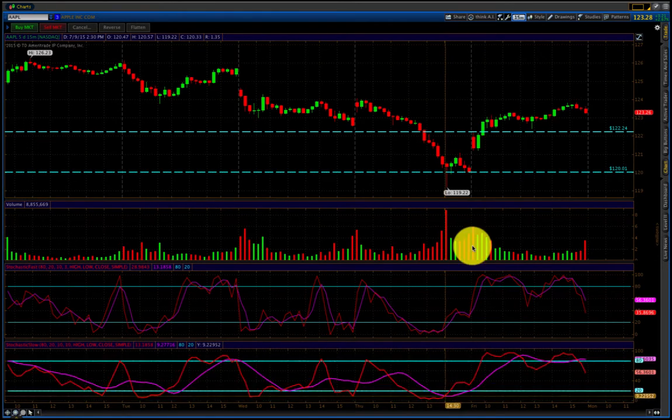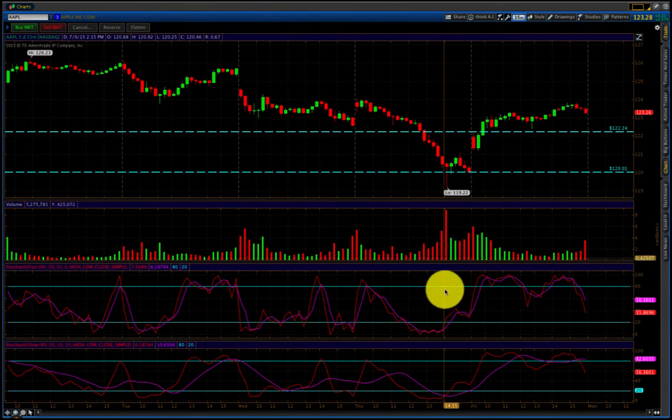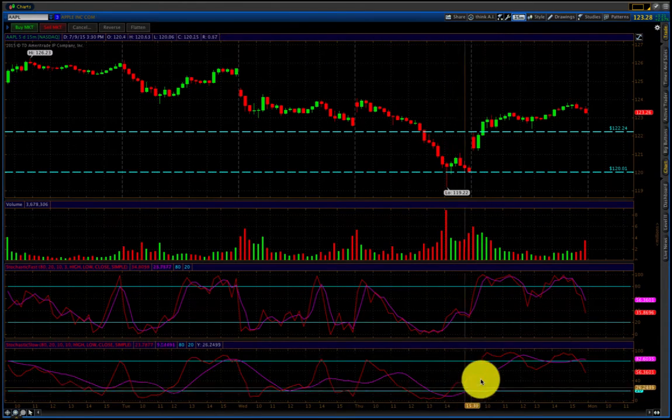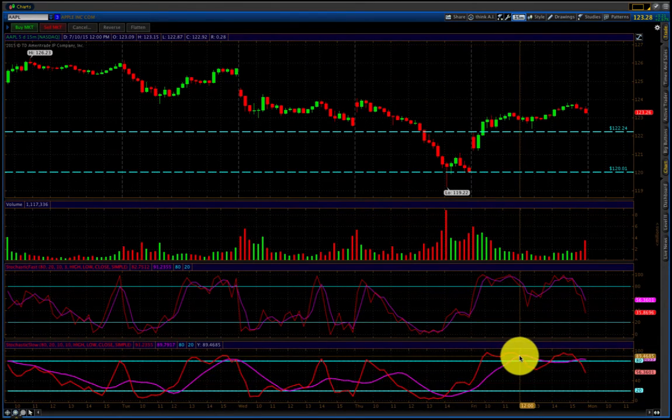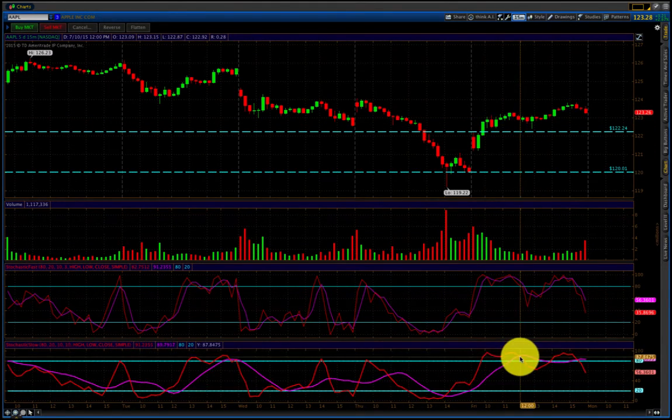And if you got in on that 15-minute candle, you could put your stop down here at the low, 119, and then $123. Make $4 right there.